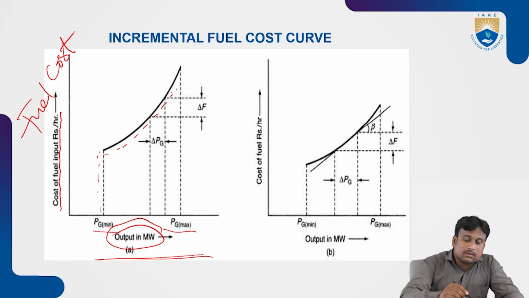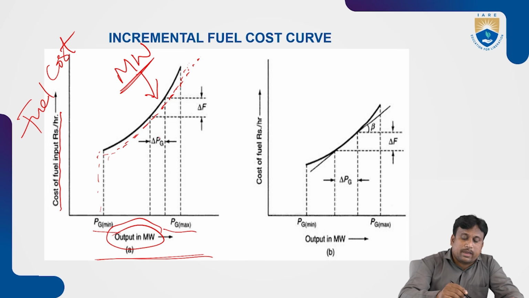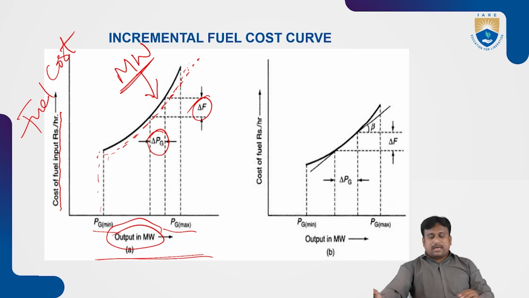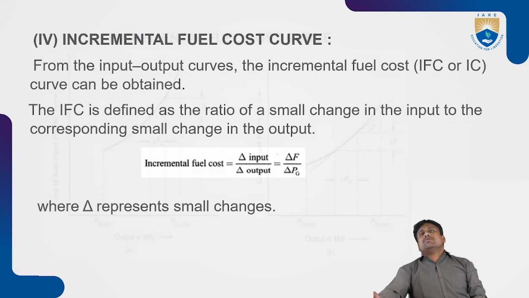It will slowly rise exponentially. This is the exponential hike of the output power in megawatts. So here the limits may be split as delta Pg and delta F, what we defined earlier. Here delta Pg is the small change in output.